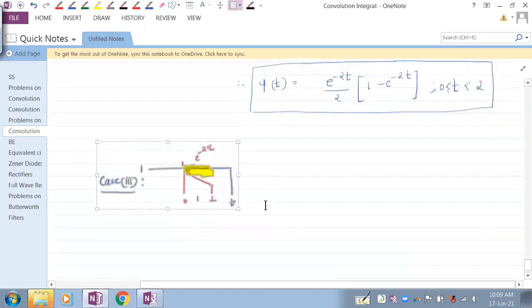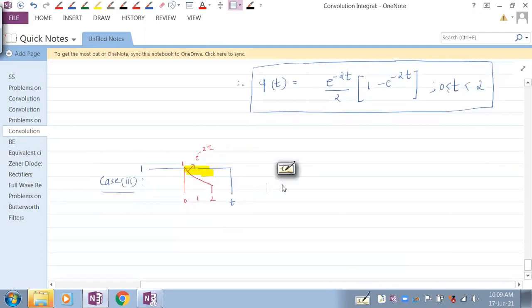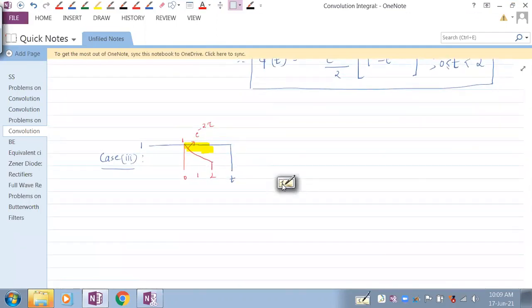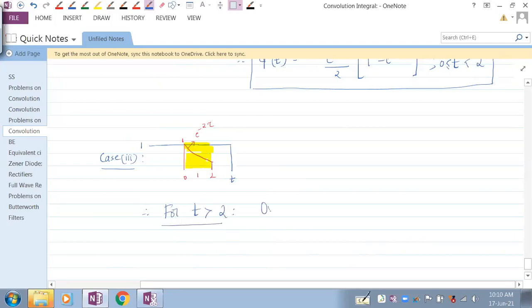Now let's redraw this overlapping range from here to here. So this is the overlapping range. Now let's just say this. Therefore, for t greater than 2, the overlapping range is tau ranging from 0 to 2.